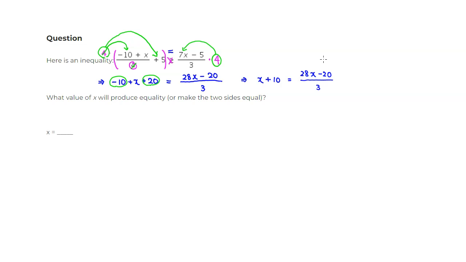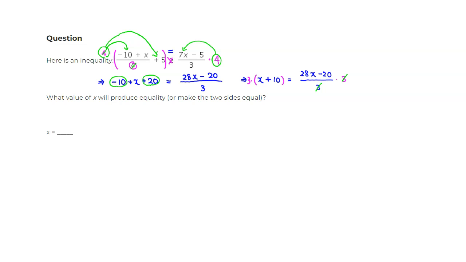Now again, we have a 3 on the bottom. So I'm going to multiply both sides of the equality by 3, so that I can cancel the 3 on top and the 3 on the bottom.